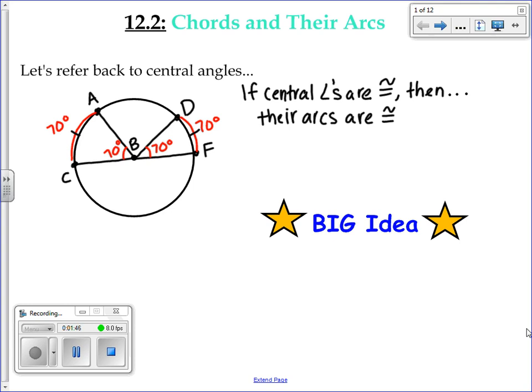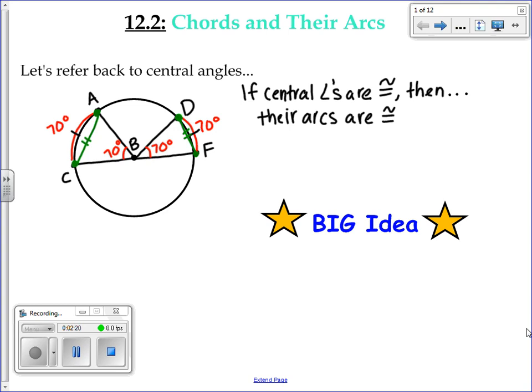Now, I'm going to teach you guys something new that ties into this section 12.2. If we were to make a chord using the endpoints of the arc, so if I were to connect AC here and make a chord, and if I were also to connect D and F and make another chord, do you think those are going to be different lengths? No, they're going to be the same length because the arcs are the same.